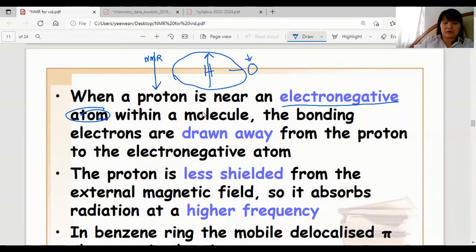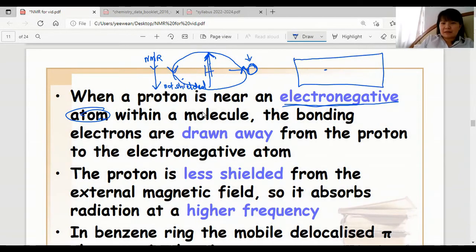Oxygen loves electrons. So when it spins, do you see that now it doesn't protect the proton? It's trying to spin to protect the proton, but it doesn't. Now down is with down and the proton is all alone. Up and the other up is near to the electronegative atom. So this is not protected. This is not shielded. Okay, it's just for imagination.